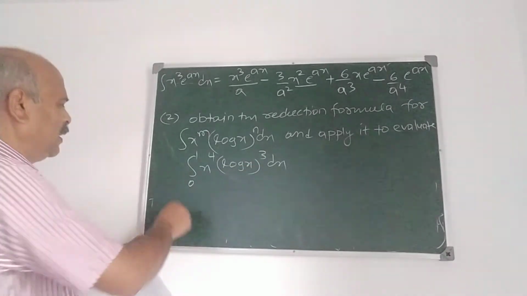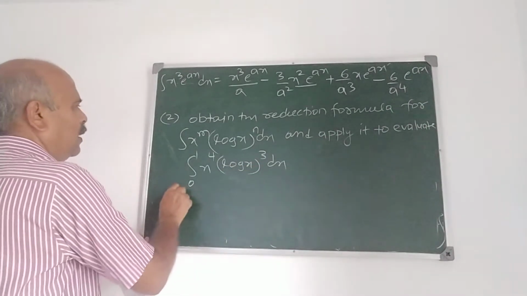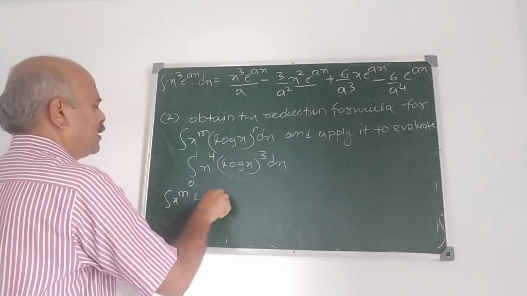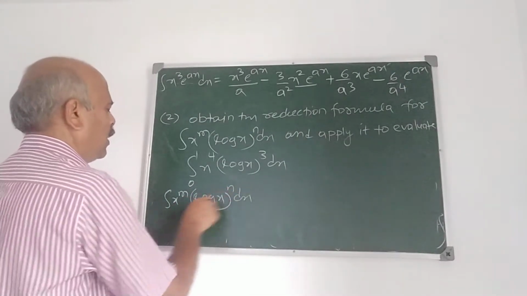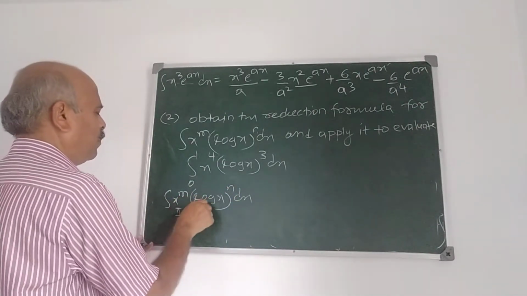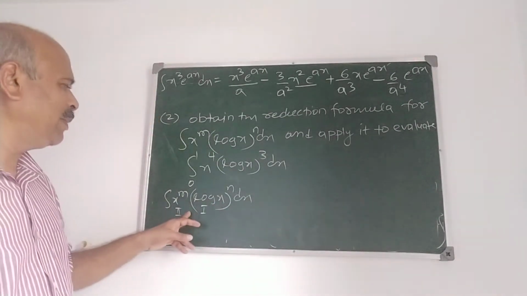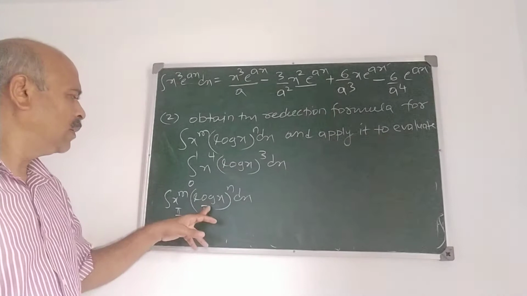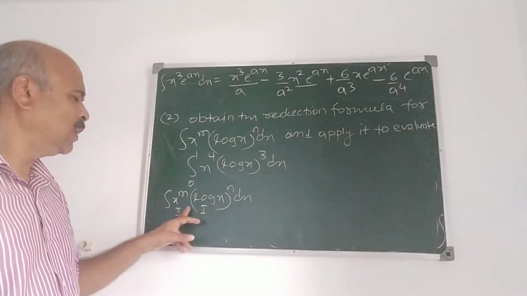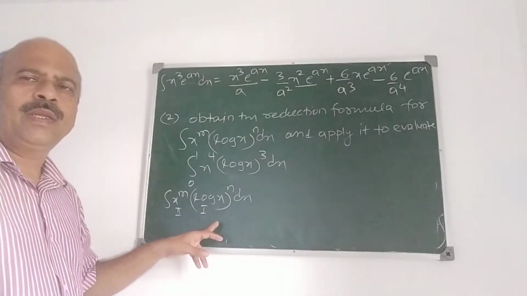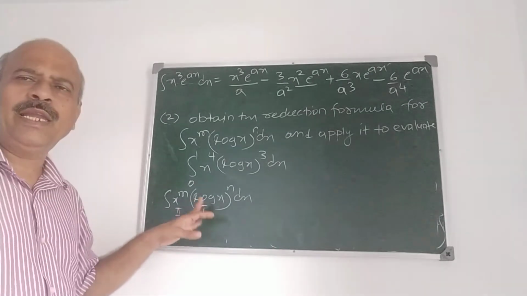Now first part is x raised to m log of x raised to n with respect to x. How do you apply reduction formula? We integrate by parts. How do you apply integration by parts? We choose first and second function. How to choose first and second function? You can remember this ILATE.